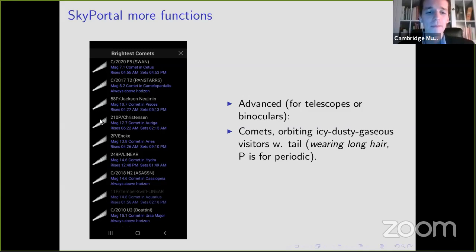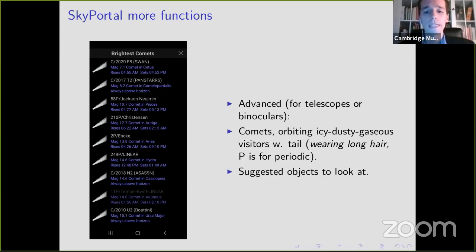And in their name, they might have the letter P, so 210P Christensen, for instance. This is a comet that's quite dim, but the P means it's periodic, so it's known to return. So they are orbiting the sun in very eccentric orbits, very elliptical ones.